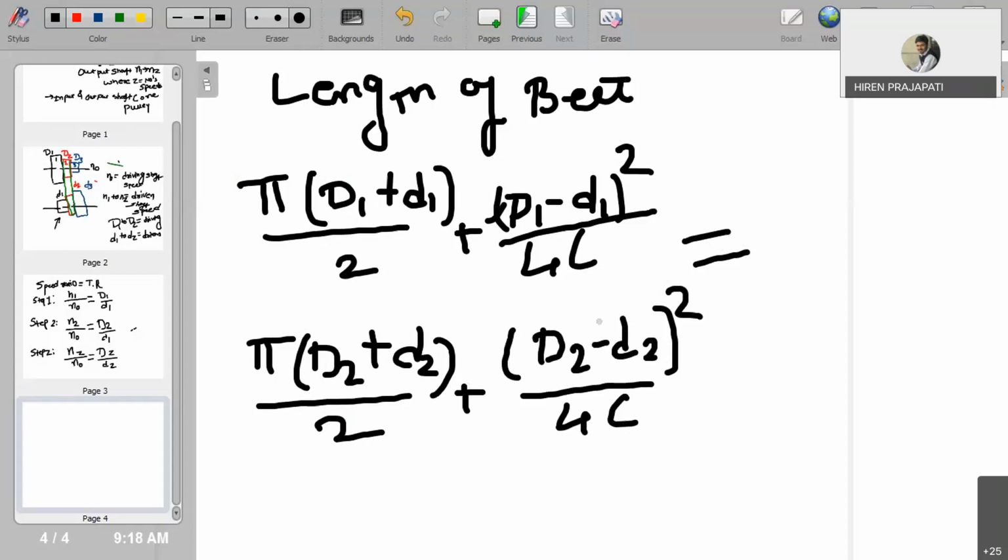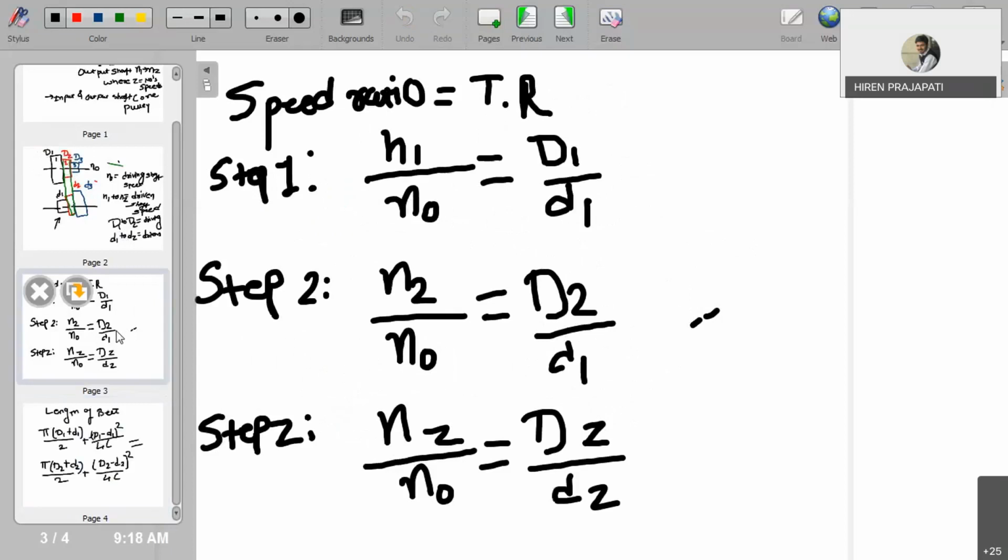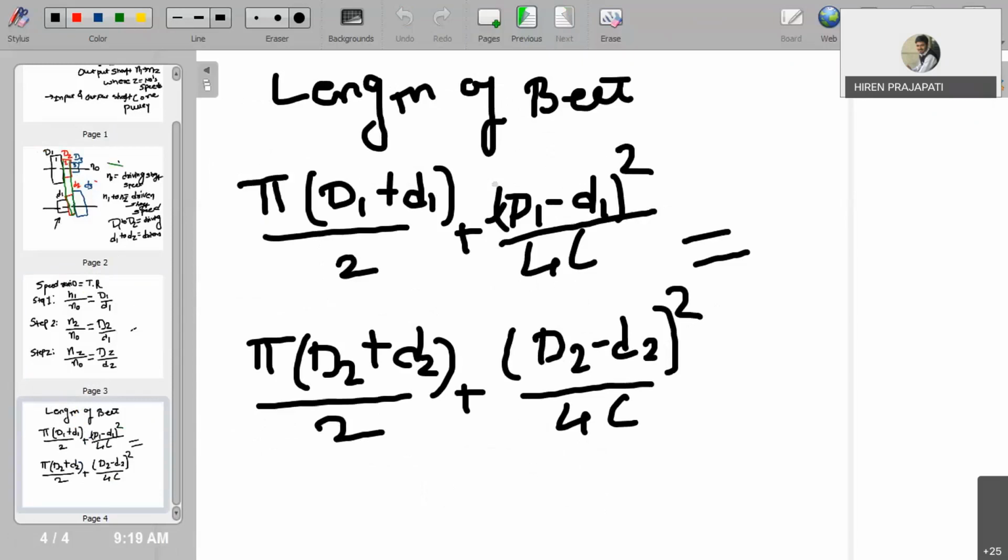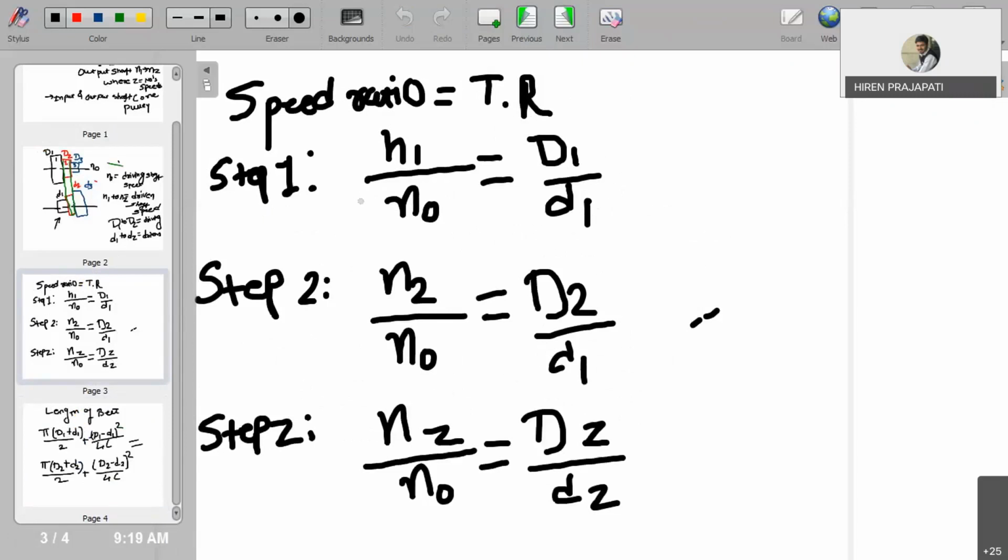Then if we equate these equations, and if you look at the previous page, we have one relation in terms of diameter ratio and speed ratio, and here on the next page we have the second relation of belt and diameter. So if you finalize the center distance between the two shafts, driving shaft and driven shaft, then based on this equation and the previous equation of speed ratio, we can find out both the diameters, capital D1 and small d1.